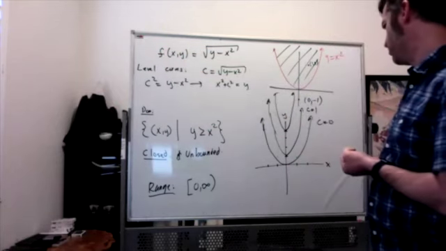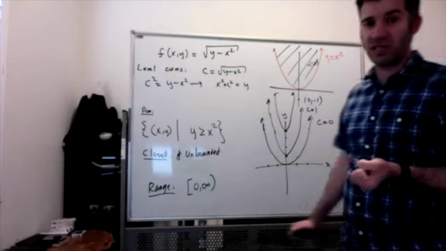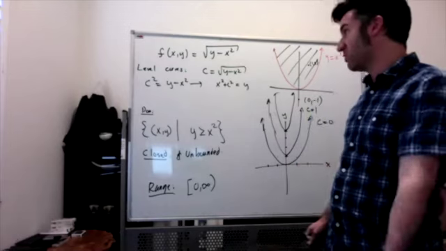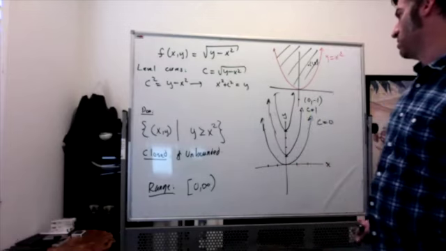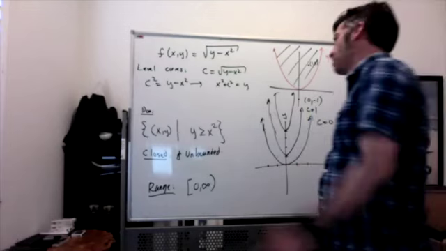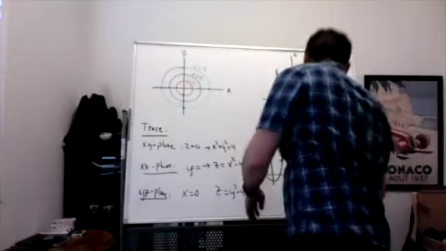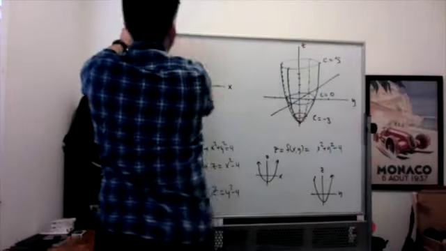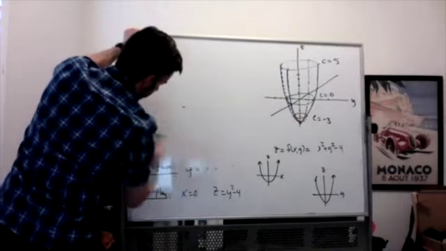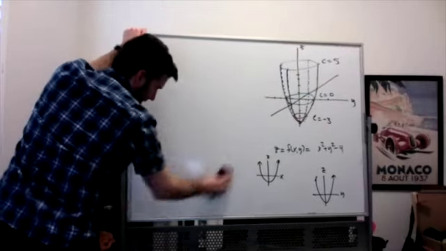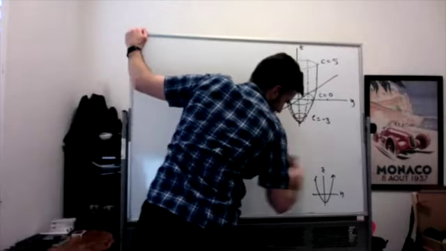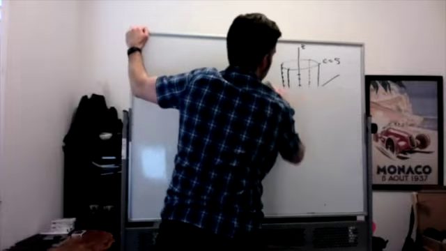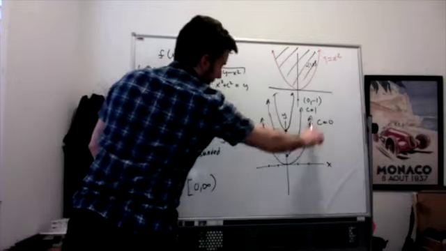I don't think the traces here are specifically useful because, I don't know, maybe. Let's look at, yeah, I might as well look at the traces. We already know the traces in the x, y plane. That's just setting z equal to 0. So there's your trace in the x, y plane.